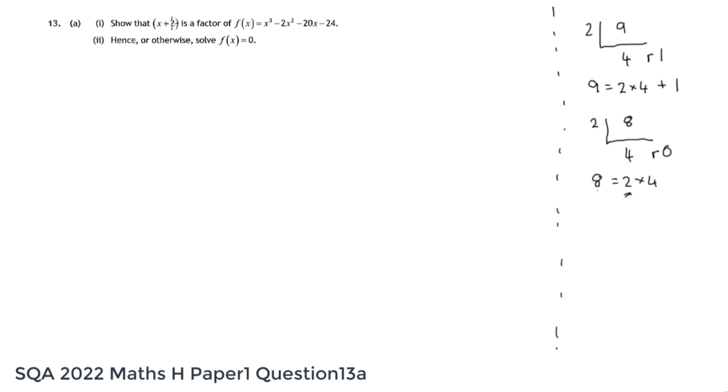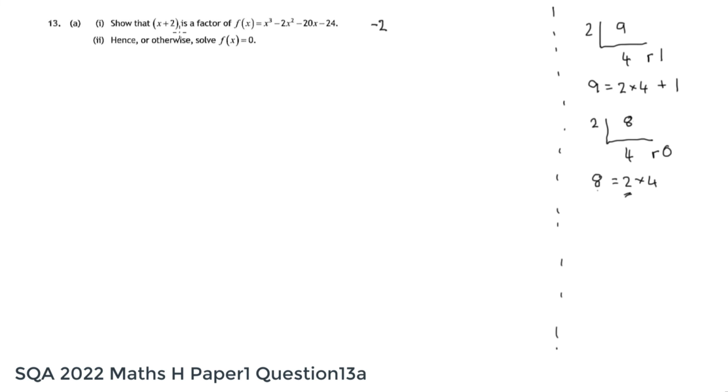So if we're asked to show that x plus 2 is a factor of this cubic, we'd have to divide x plus 2 into this cubic and show that the remainder was 0. And that's what's called the synthetic division scheme. So we set up a division. The code for x plus 2, if you like, is the value of x that makes this 0. X would be negative 2 in that case.